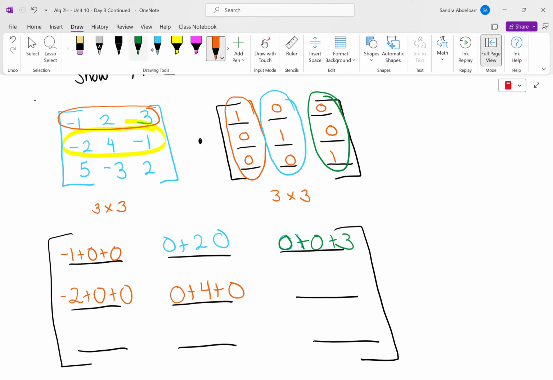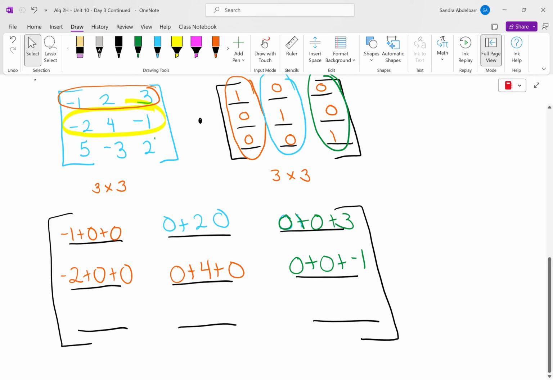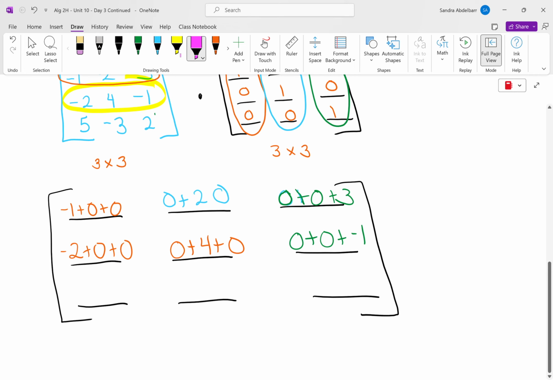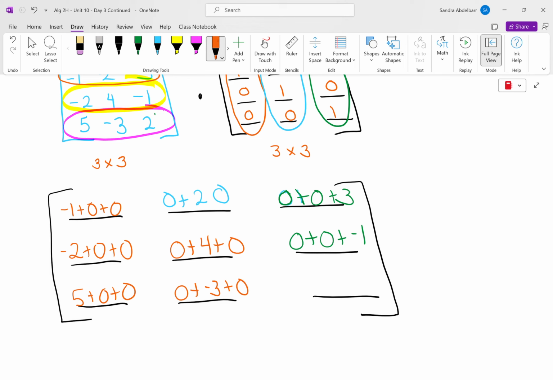Going on to the third element in this row, -2 times 0 is 0. 4 times 0 is 0. -1 times 1 is -1. And if we do the same thing again for the last row, we are going to get 5 plus 0 plus 0, and then 0 plus -3 plus 0, and lastly 0 plus 0 plus 2.